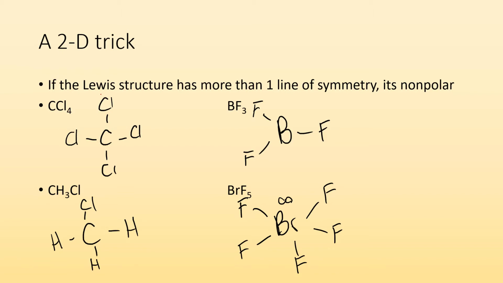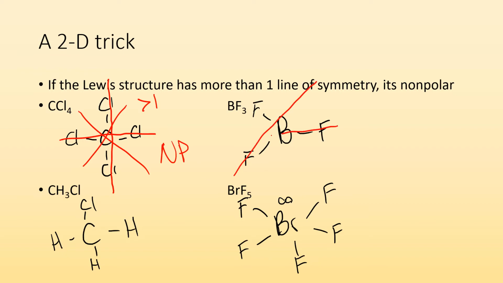Now, CCl4, well, here's a line of symmetry. Here's another line of symmetry. I could also draw them diagonally, so I got more than one line of symmetry. That tells me that it's a nonpolar molecule. BF3, well, I can draw a line of symmetry this way, and this way. So I got more than one, which tells me that it's a nonpolar molecule.